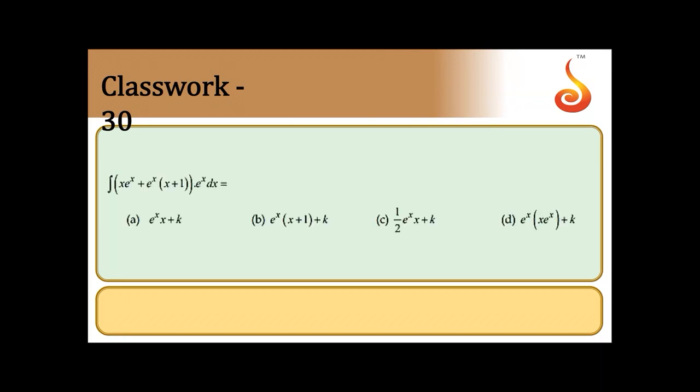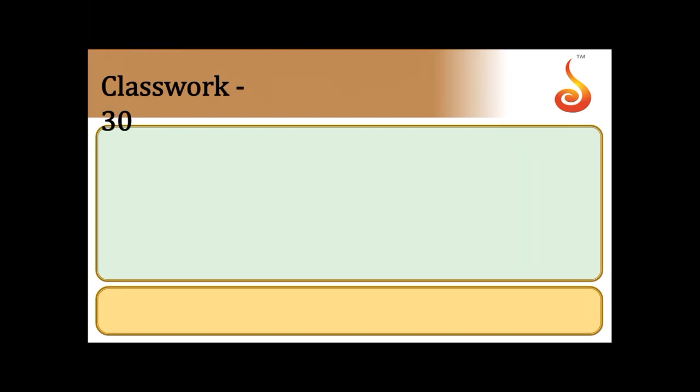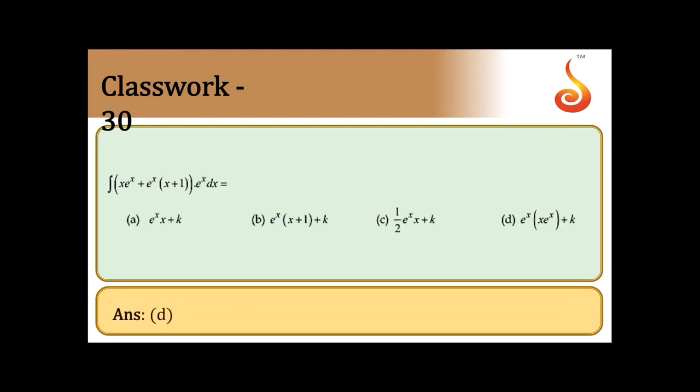So it is e power x multiplied by x e power x. The derivative of this one is e power x plus x into e power x. So this is f dash and this is f, integral dx. So the answer is e power x multiplied by x e power x plus constant. So I hope the answer is D.